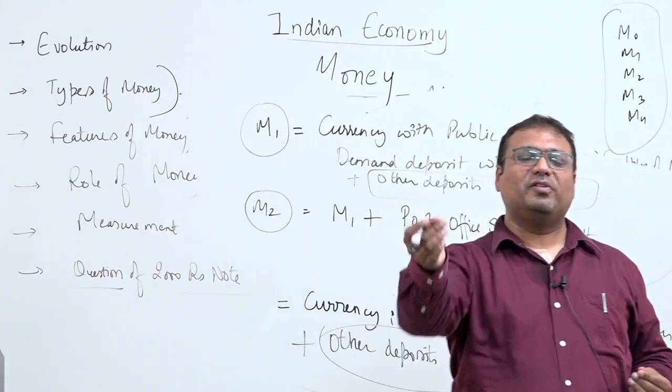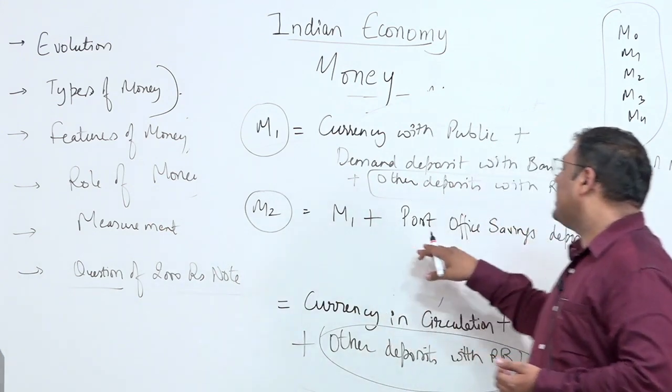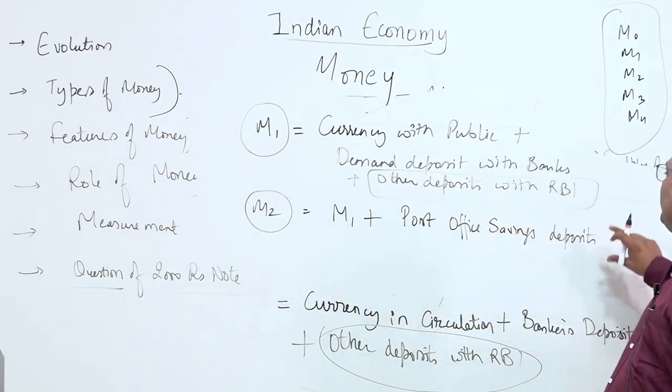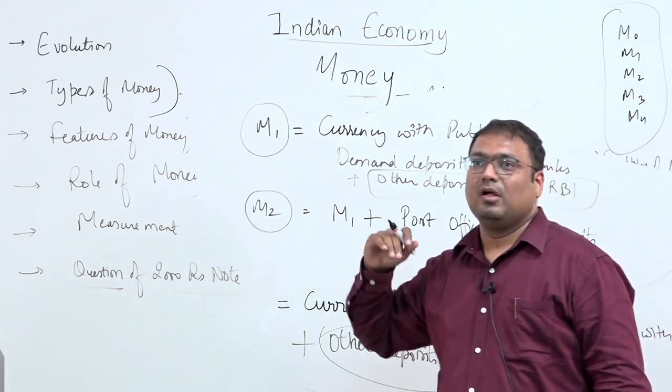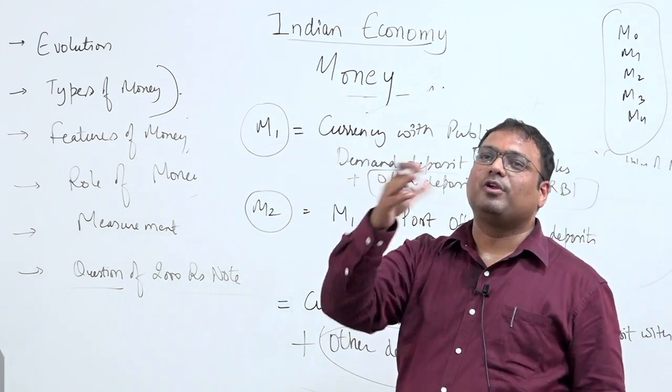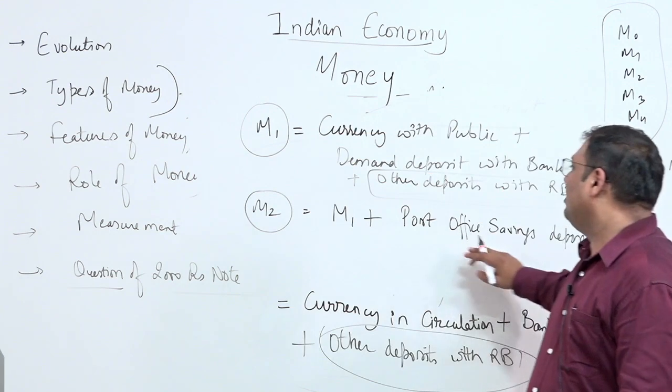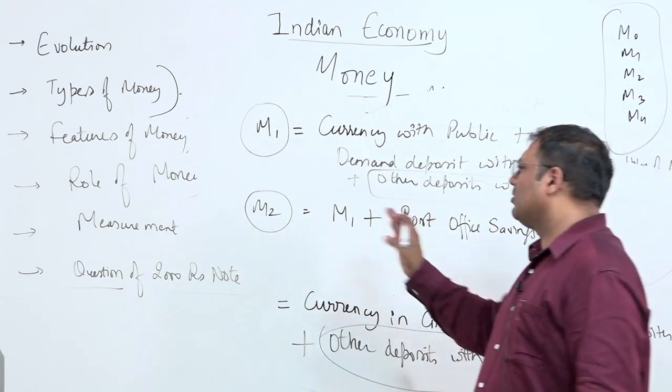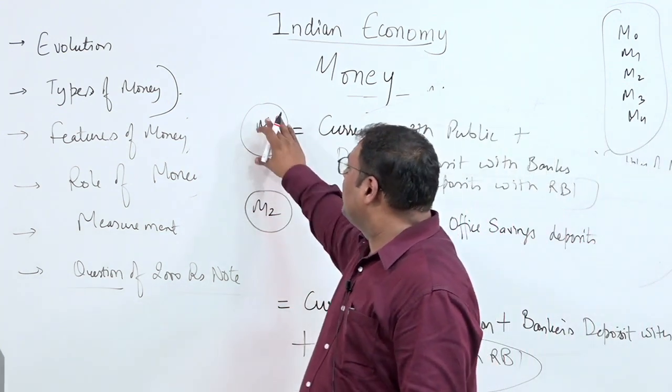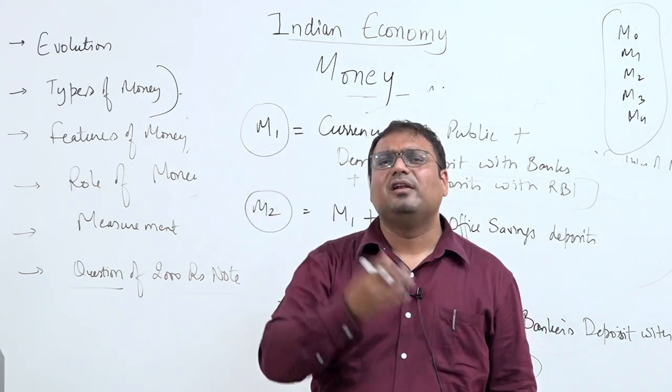They can go to the post office and manually withdraw money. So even that is money available on demand, for transaction purposes. So in order to include those people who keep money in post offices, we have this M2. Not otherwise very important. By the way, the difference between M2 and M1 is very little.